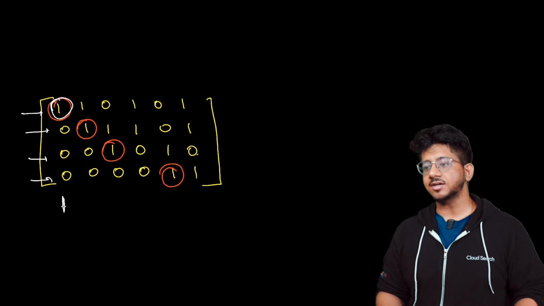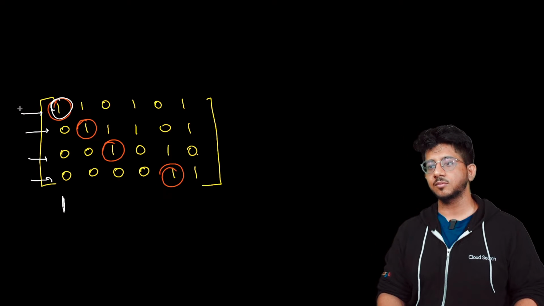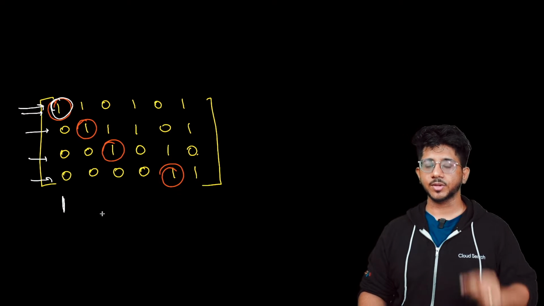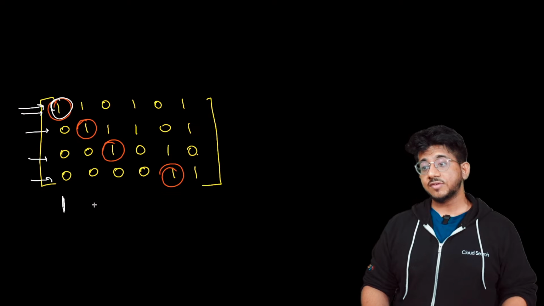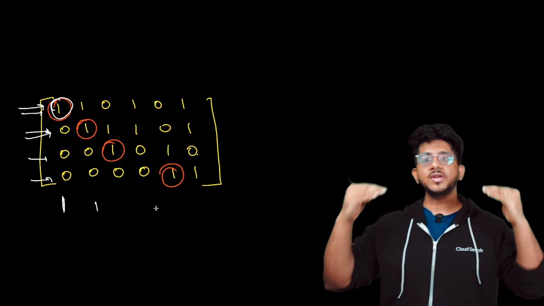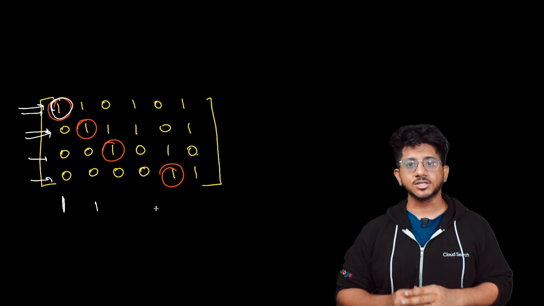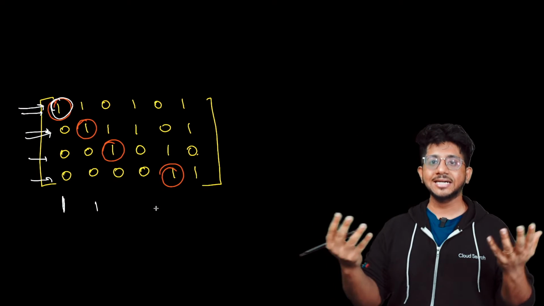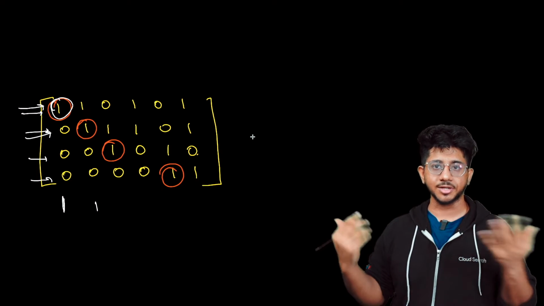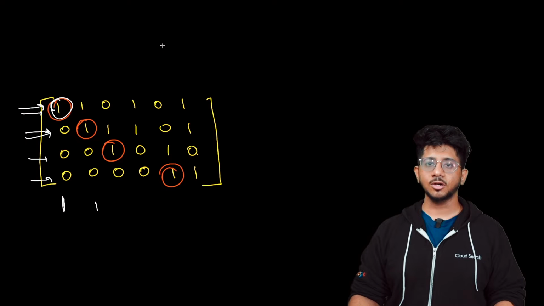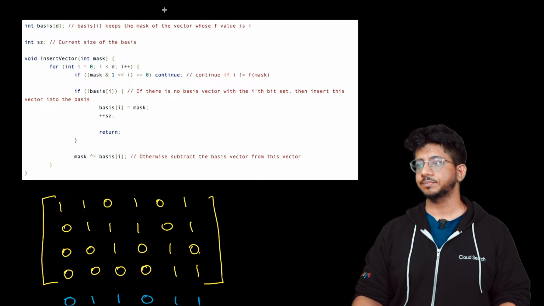Whenever we had a number with a 1 over here, this particular number was actually reducing this one, okay? Whenever you have a 1 over here, this number was reducing over here, right? So every number that is there in the basis tries to control one position of the bit, okay? And that's the leading bit based on when they were inserted. That is what we use in solving the problems that we had thought about, okay?